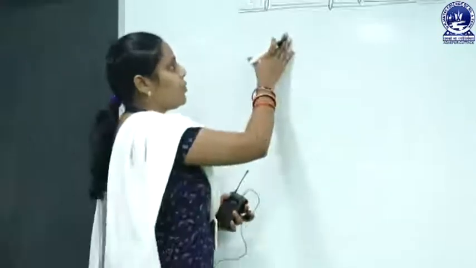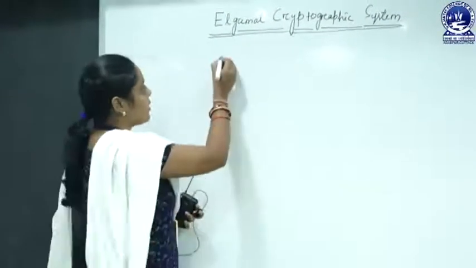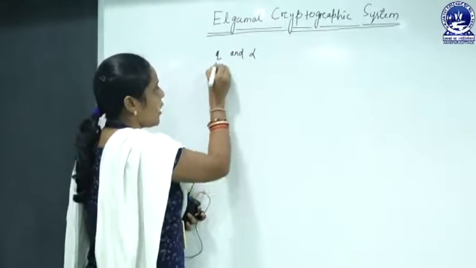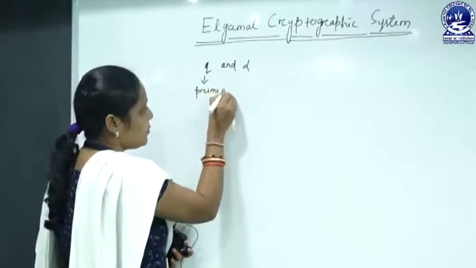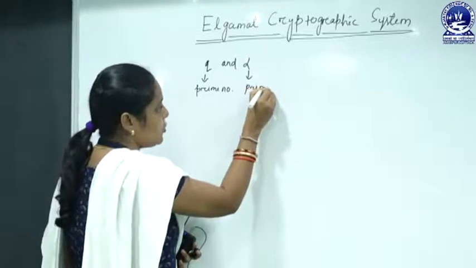In the Elgamal cryptosystem algorithm, the global elements are q and alpha, where q is a prime number and alpha is a primitive root of q.